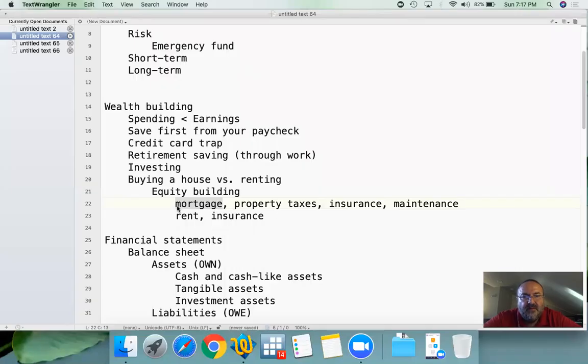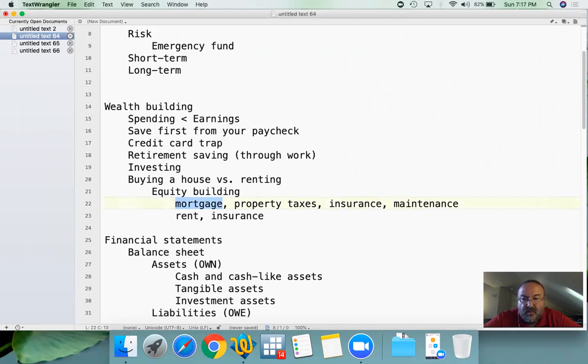Your monthly mortgage payment will include the interest on the amount of money that you owe. It will include your payment towards the borrowed funds, equity. It will include property taxes, and it will include insurance.